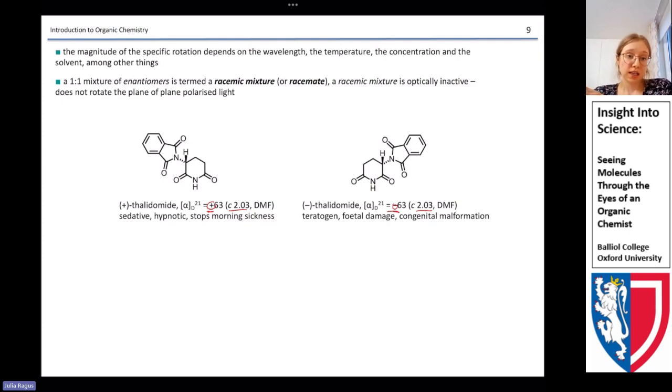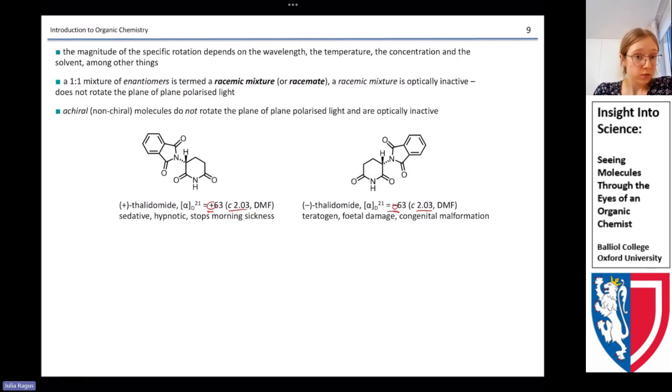And this one is optically inactive, meaning that it does not rotate the plane of plane polarized light. Another example where you don't rotate the plane of plane polarized light is when your compound is achiral. So non-chiral, it doesn't have a stereocenter, its mirror image can overlap with the original object.